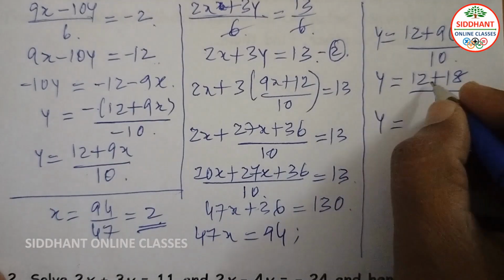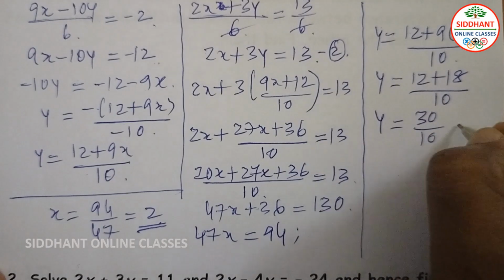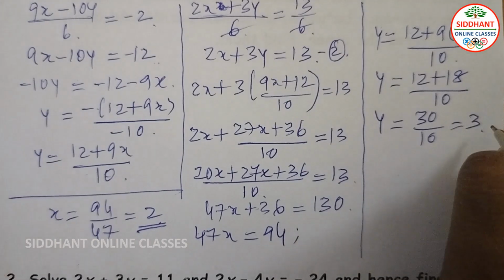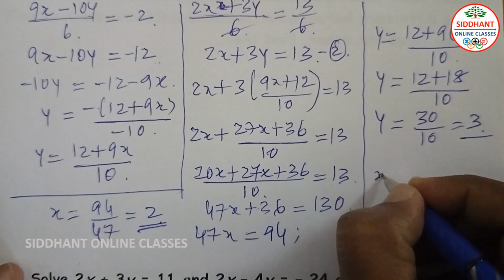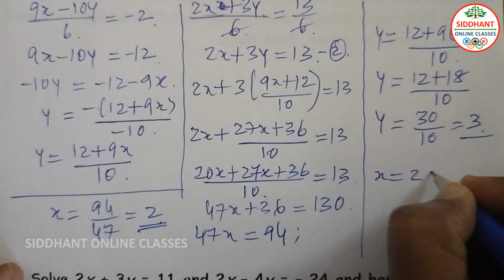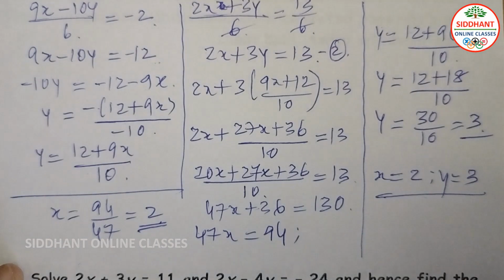So y equal to 12 plus 18, which is 30 by 10, that equal to 3 here. So here x equal to 2 and y equal to 3 here.